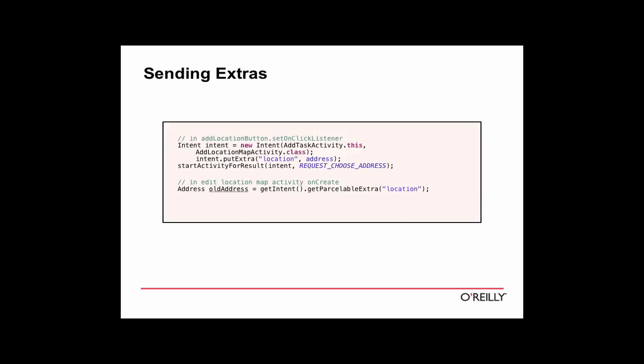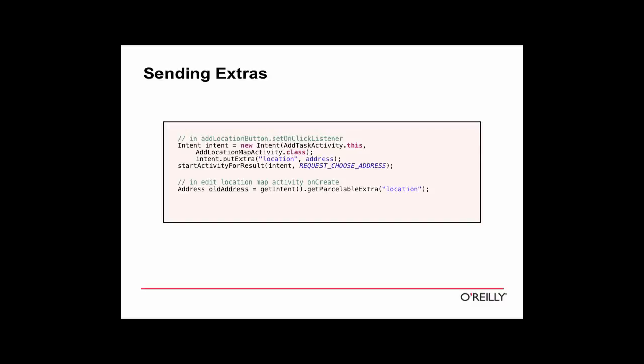The way that you send extras, just like we've already seen returning extras, is that you create an intent, and you can put an extra into the intent, and you need to use the same key-value setup for extras, and then you start activity for a result, just like you've done before. And then inside the edit location map activity, or wherever you choose to do that, you could create a new activity if you want.